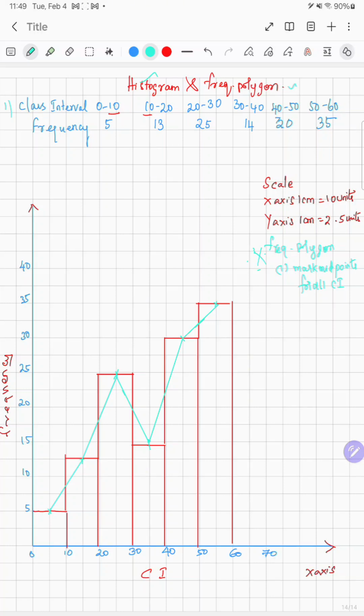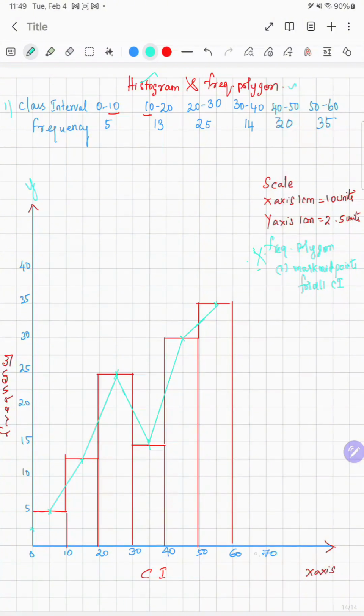Now this frequency polygon is right, but to complete it so that the area is equal, to find congruent shapes and triangles, we make it touch the x-axis. Here it starts from 0, so mark the midpoint in the first class interval on the x-axis.